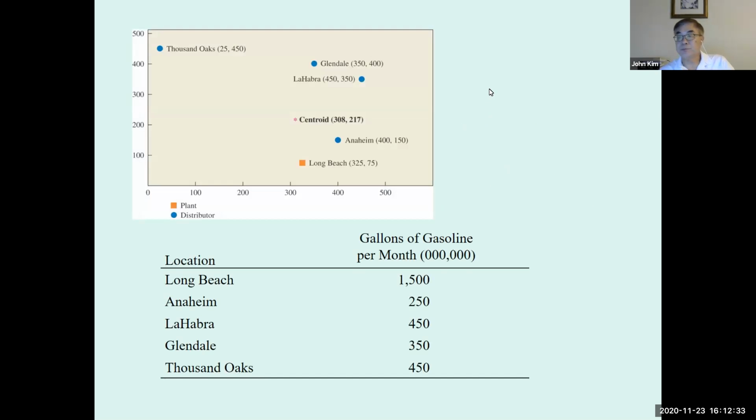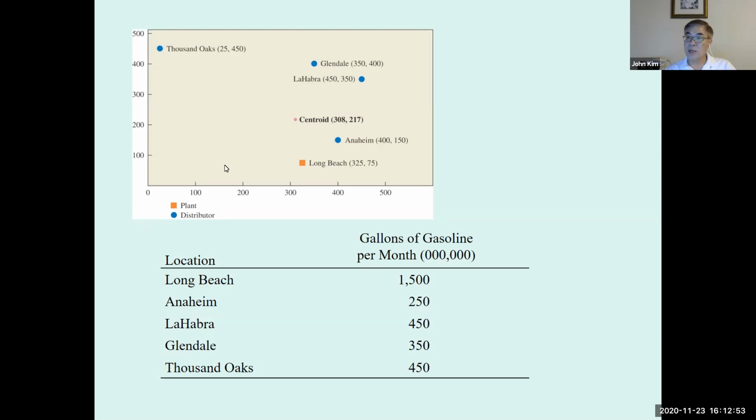Example here: existing locations Long Beach, Anaheim, Le Havre, Glendale, Thousand Oaks. Those cities are Southern California locations.